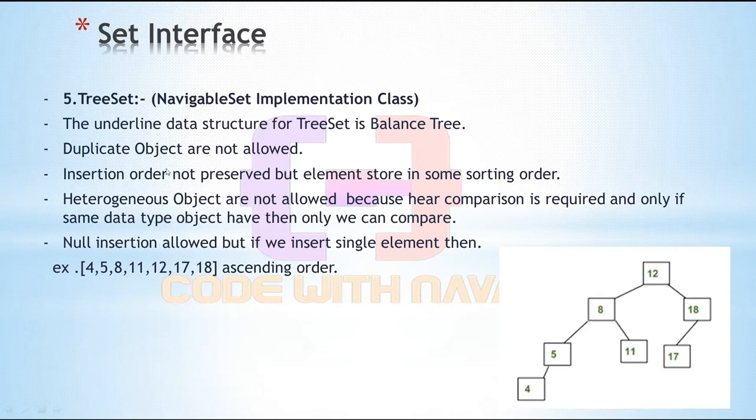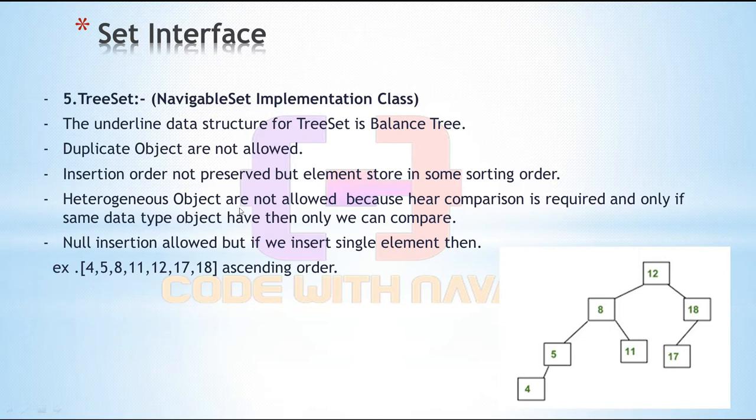We already discussed that all Set interfaces, their child interfaces and all implementation classes do not allow duplicates. Insertion order is not preserved, but elements are stored in some sorting order. If you don't provide a custom sorting, then it will by default sort internally in natural order.